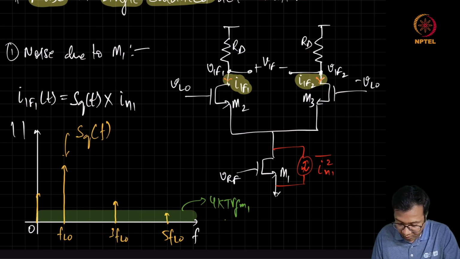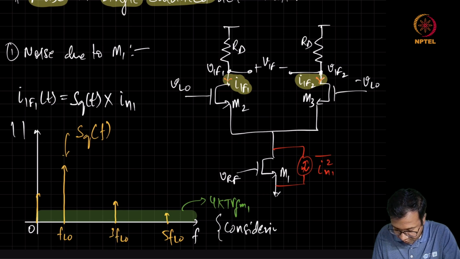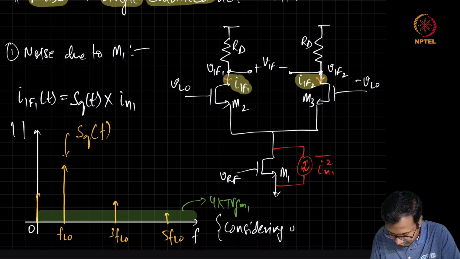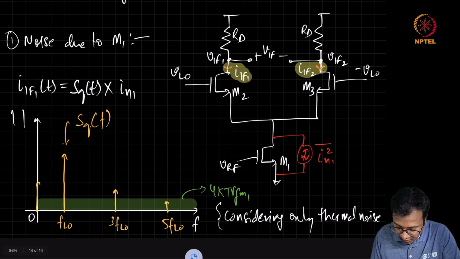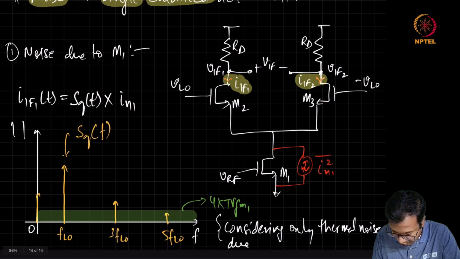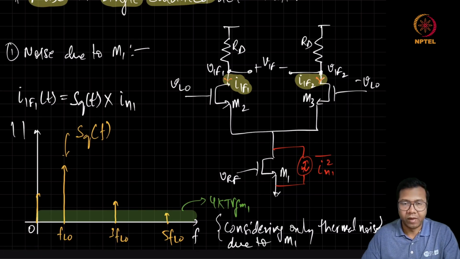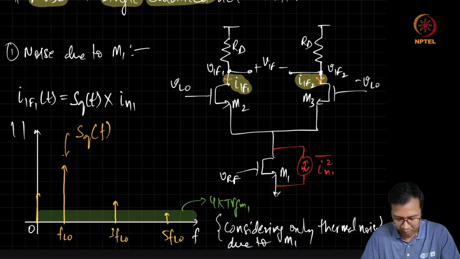So here considering only thermal noise, we will separately consider the flicker noise due to M1.